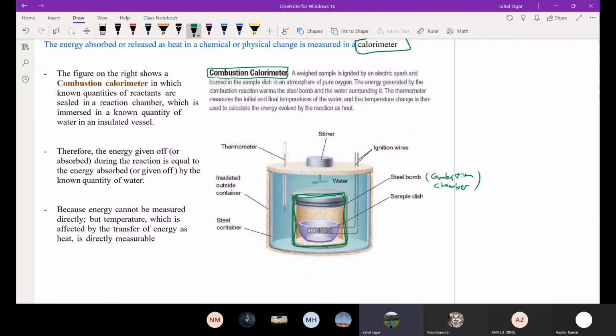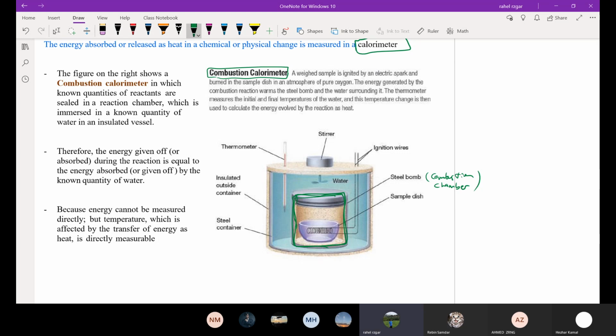What do you want to do, for example? You have a sample of benzene, let's say, or a sample of kerosene. Say 10 grams of kerosene. You want to know how much energy would be released by burning 10 grams of this kerosene.